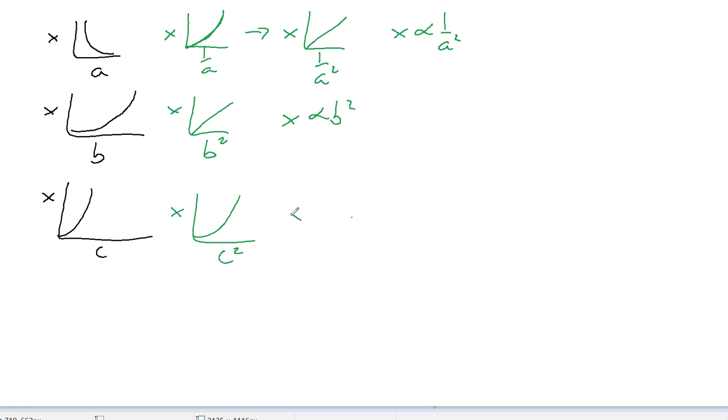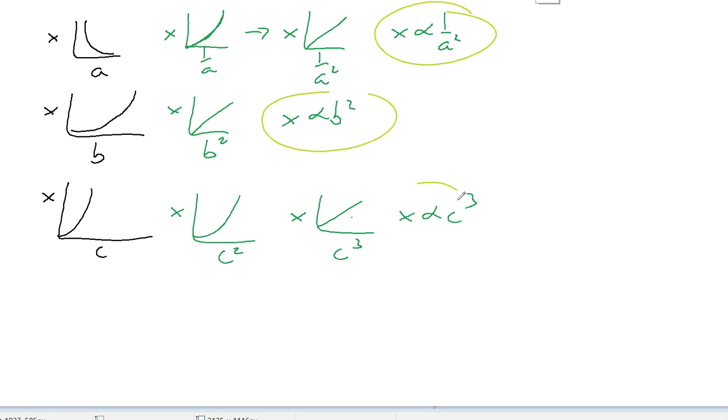Let's try x versus c cubed, and you get a pretty straight line. Well, then x is probably directly proportional to c cubed. So if you want to put this all together, you can combine these into one expression. And if we do that, x is probably proportional to b squared c cubed over a squared.